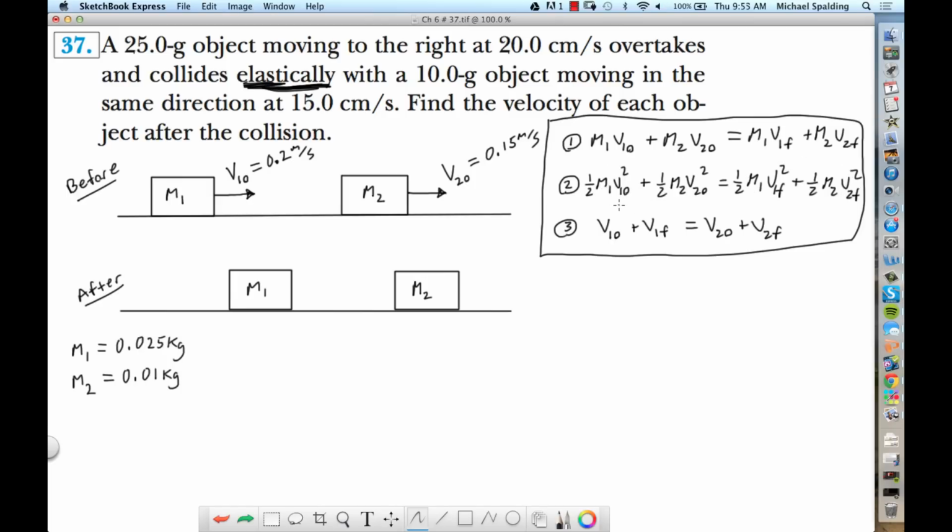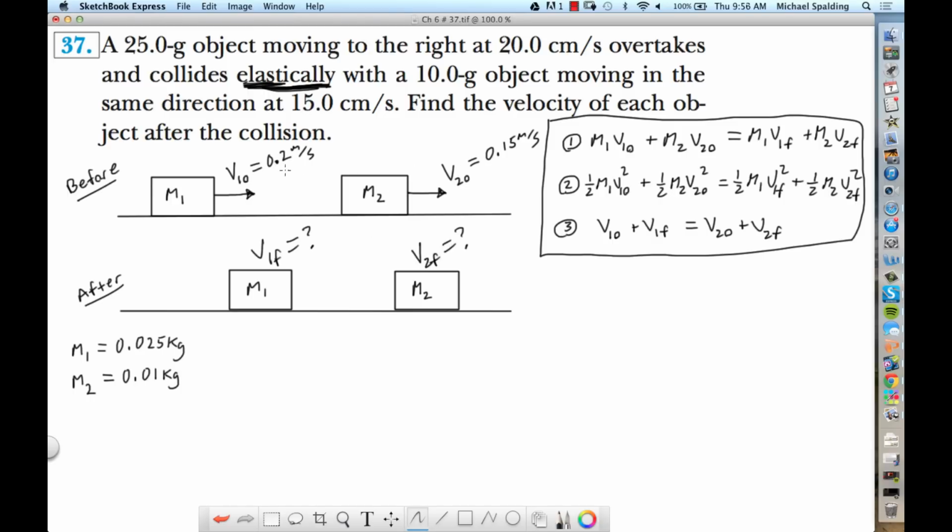So look, you could solve this problem, because this problem has two unknowns. They want us to find the velocity of each object after the collision. So how many unknowns is that? 2. We're looking for V1 final, that's a question mark, and we're looking for V2 final.